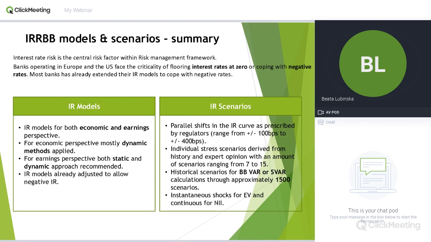It is from 7 to 15, with instantaneous shock for economic value, continuous for net interest income, and this parallel historical scenario, usually for the banking book VAR calculations, has 1,500 scenarios, so it is quite a lot.